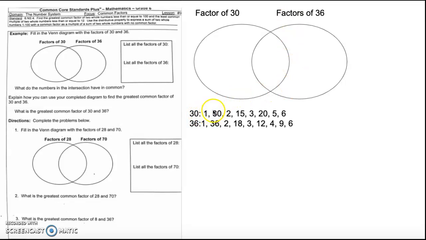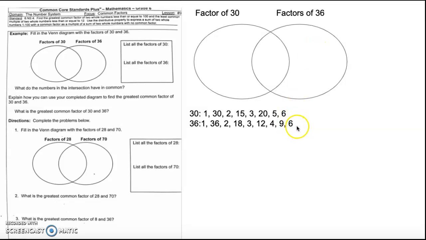1 times 30 is 30, 2 times 15 is 30. For some reason, I put 20 instead of 10. That's supposed to be a 10. 3 times 10 is 30. 5 times 6 is 30. And then over here, 1 times 36 is 36, 2 times 18 is 36, 3 times 12 is 36, 4 times 9 is 36, and 6 times 6 is 36.